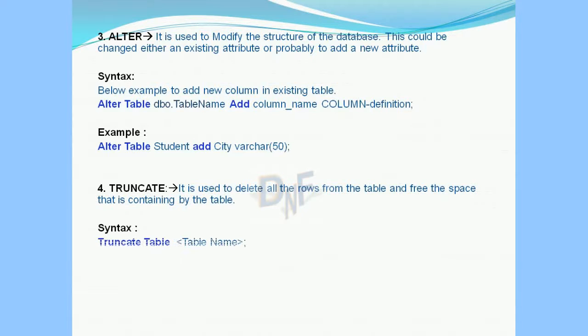Here is a simple syntax of the truncate command. If you want to truncate the table, you just write truncate table name. For example, to truncate the student table, just type truncate table and the table name. By this command you can easily remove all the records, and it is much faster than the delete command.